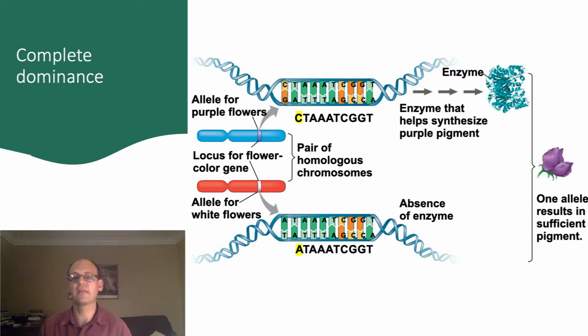As a result, heterozygotes still have enough of the enzyme to produce purple pigment, and that results in purple flowers. In other words, the presence of one allele produces enough enzyme to produce the purple pigment, and so the purple allele is dominant, and heterozygotes look exactly like dominant homozygotes.